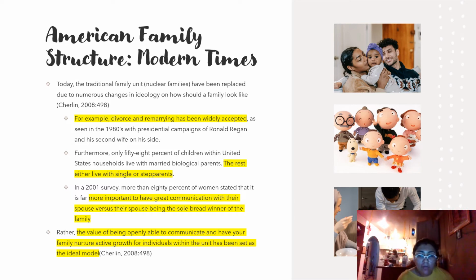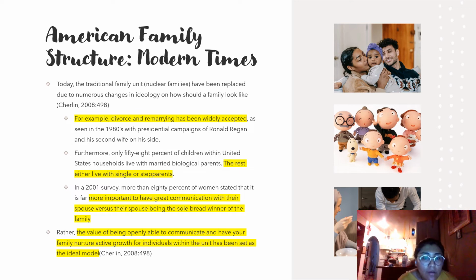By now, students should be actively thinking, okay, there's that juxtaposition of what an ideal family should look like in the 1950s versus now. So what does that tell me? Maybe there is no set definition of the ideal American family structure. Rather, it's based on time period and other factors, which I'll talk about in the next slide.